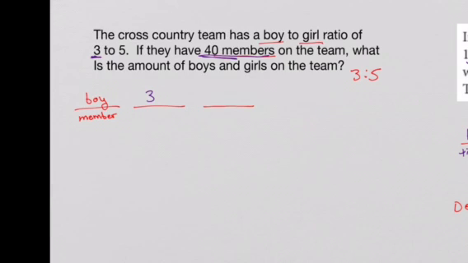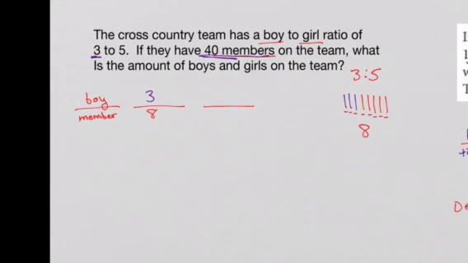So let's take a look at this with tally marks and see exactly what it means. It means whenever we have 3 boys, we're going to have 5 girls. So let's count this up. We have 1, 2, 3, 4, 5, 6, 7, 8. So altogether in this group, we have 8 members. So we are going to put 8 members on the bottom.